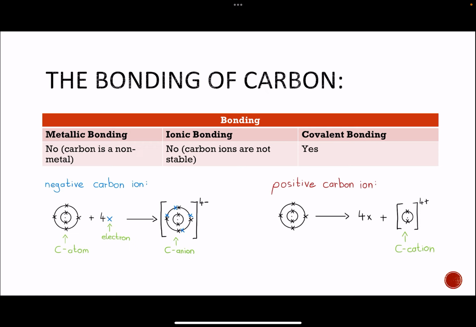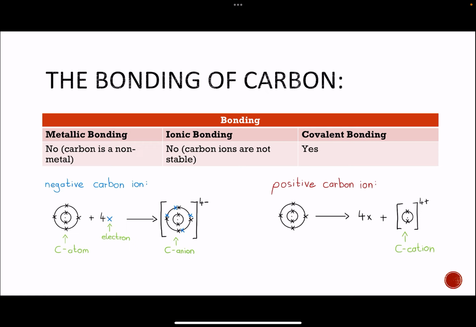For ionic bonding, carbon would have to be able to form stable ions. So either cations or anions. Now a carbon atom has exactly 4 outer shell electrons. So it could behave like nonmetals and accept electrons until it has 8 outer shell electrons, so the noble gas configuration like neon.